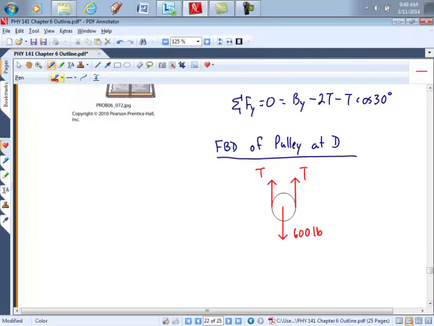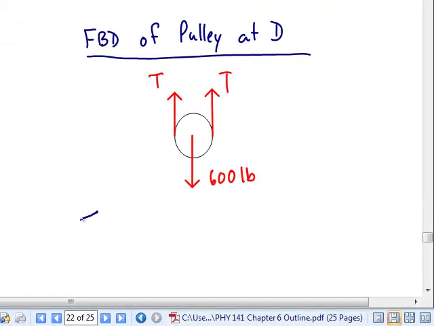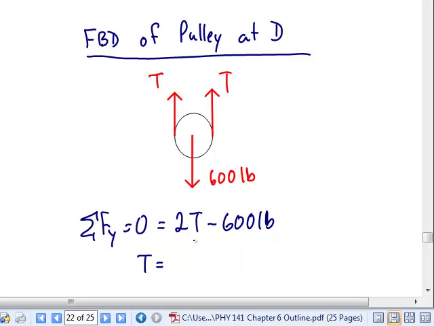Alright, so how many equations of equilibrium do we have for this pulley? We only have 1, but we only have 1 unknown, so that's okay. So net force in the y direction equals 0 equals 2T minus 600 pounds. So T equals 300 pounds.